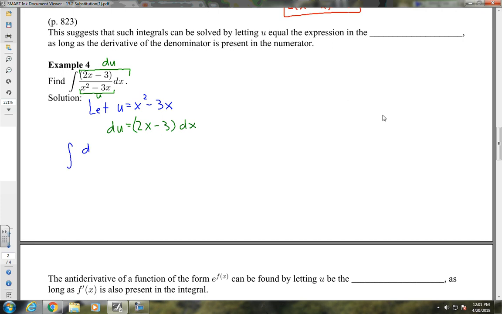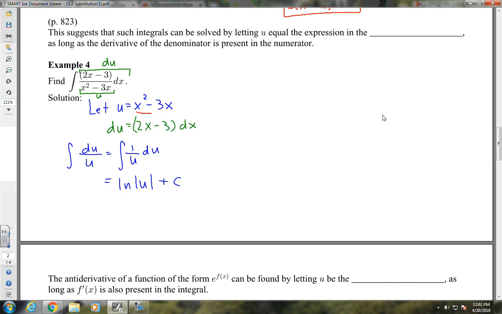So on the top we have du, and on the bottom we have u. Now that's strange notation, but that du is sort of like 1 times du, so I could rewrite it 1 over u du. Now we can recognize the antiderivative of 1 over u, do you remember, is natural log of the absolute value of u and then plus c.